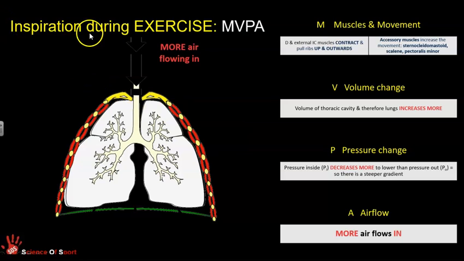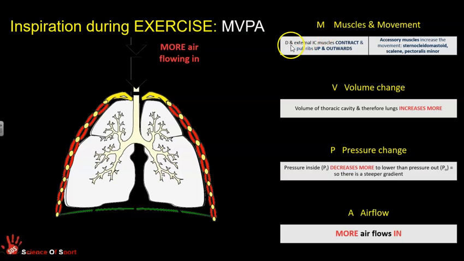So, breathing in during exercise, MVPA. Obviously, when we breathe in when we're exercising, we need to move bigger volumes of air. And the way we do that is by exaggerating the volume change of our thoracic cavity. When you breathe shallowly at rest, you don't move your ribcage much. When you breathe more deeply and frantically in exercise, your chest cavity comes up and out even more. And that's basically what happens.